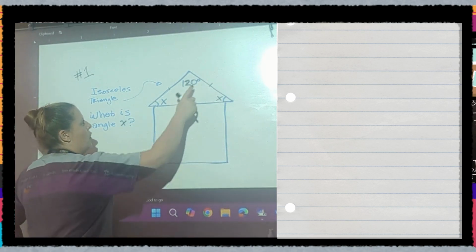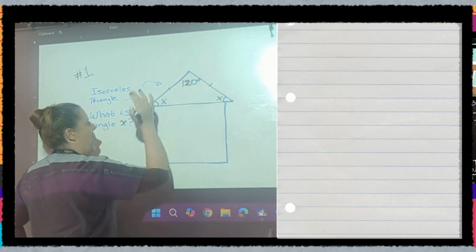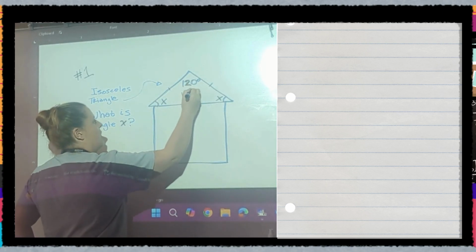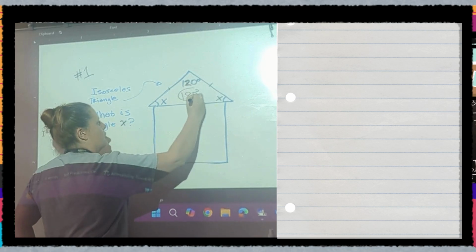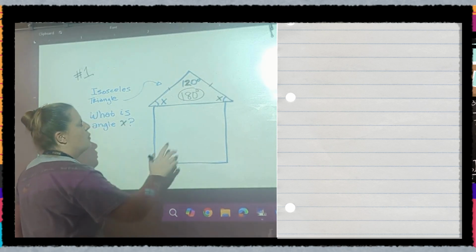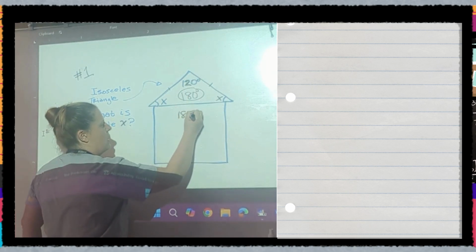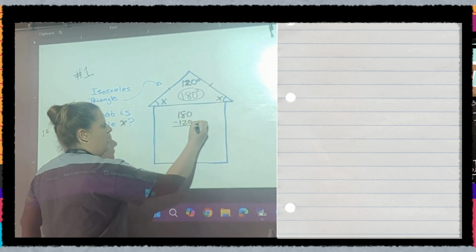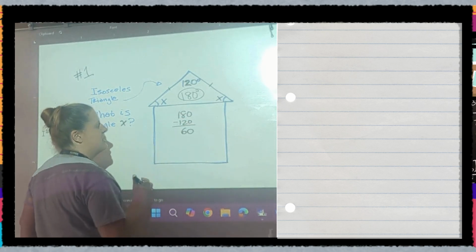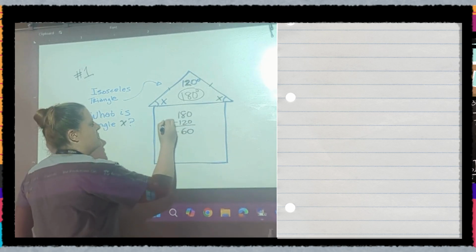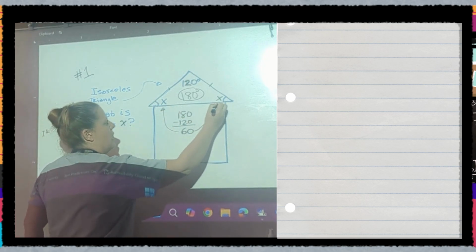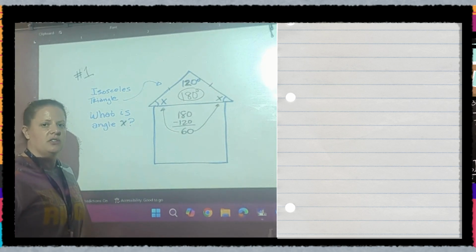Now I know the whole triangle has to come up to 180 total degrees. So we're taking up 120 of those degrees already. 180 minus 120 leaves 60 degrees to be split up amongst those two angles.